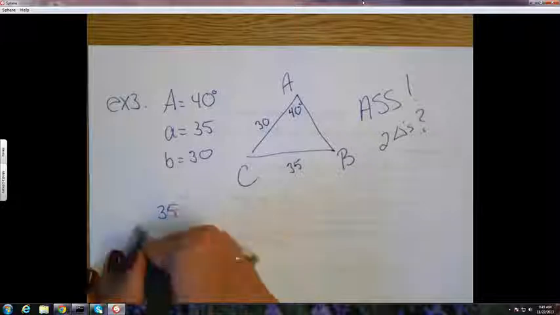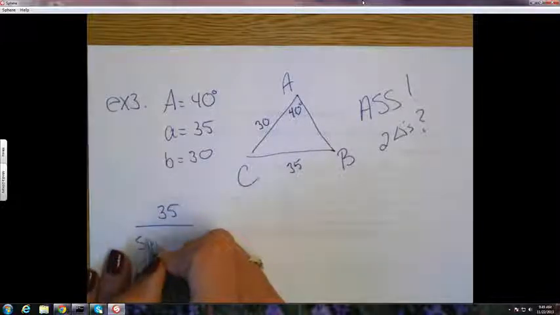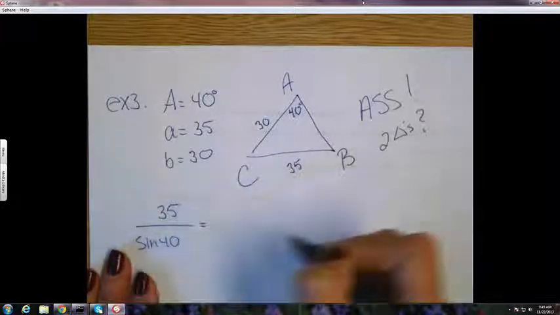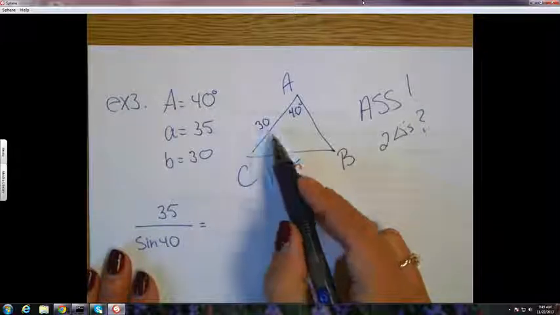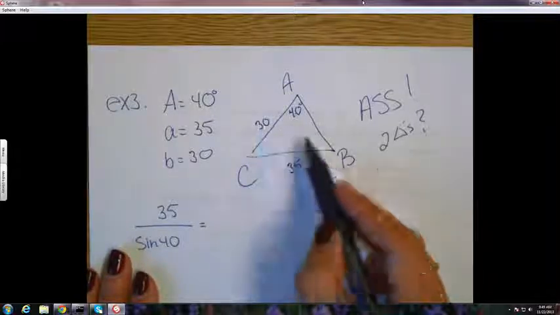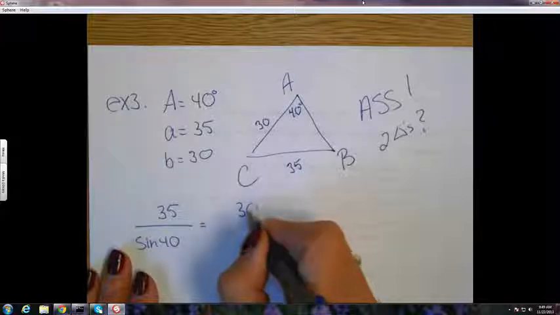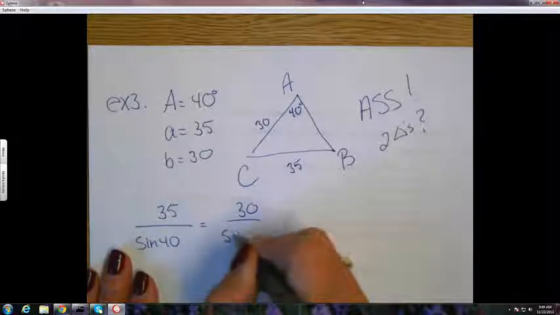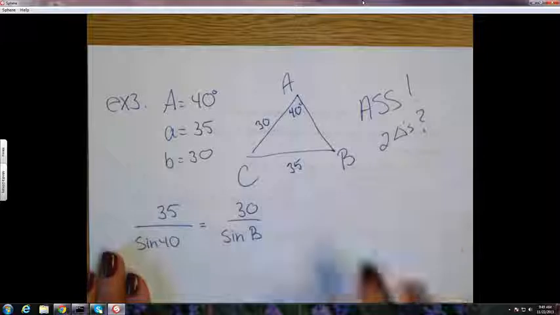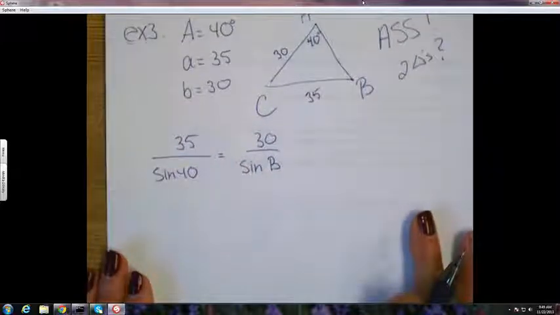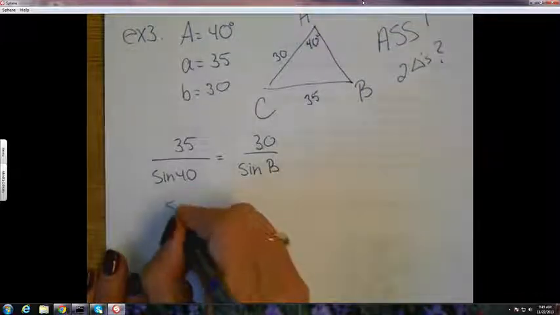35 over sine of 40. The first thing I have to find is angle B. So we're going to set up the 30 over sine of B. Get your sine of B ratio by doing the cross products.